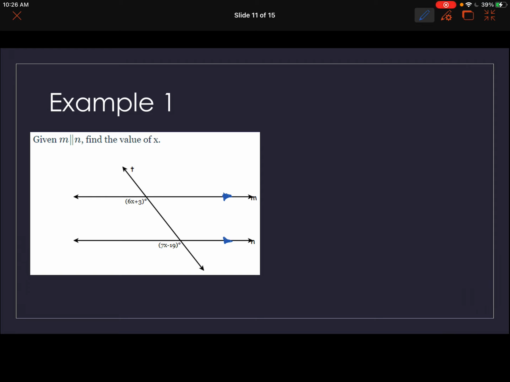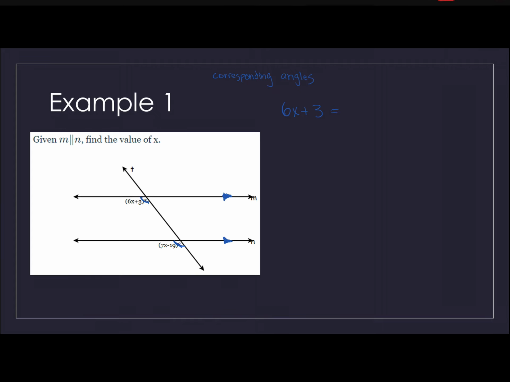And in this case, we have a pair of corresponding angles. So the relationship we're going to say is corresponding. We have corresponding angles. We labeled our diagram. We marked the angles congruent. And now we can set up our equation. We get 6x plus 3 equals 7x minus 19.